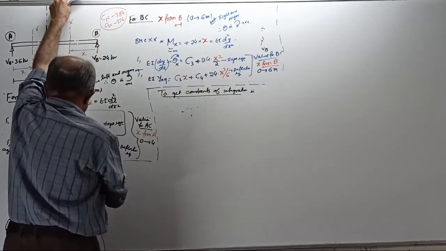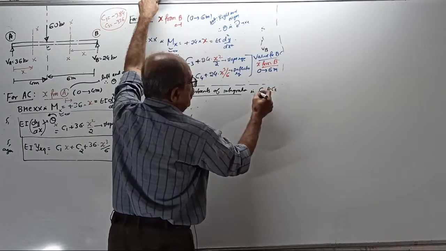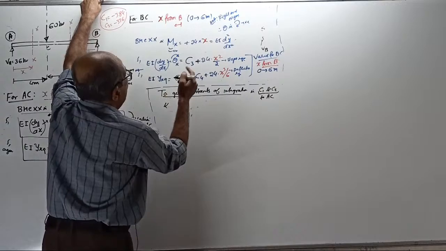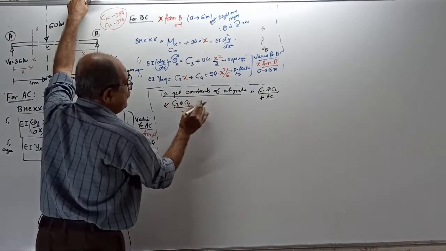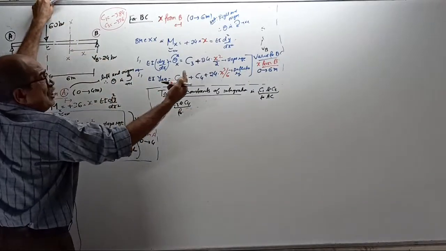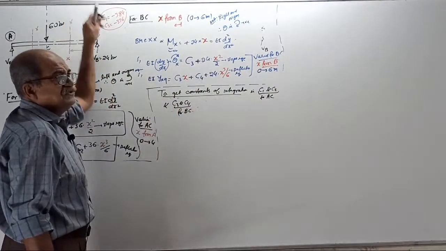See here, C1 and C2 for your AC portion, and also C3 and C4, this is for BC, not CB, because you come from this side, for the BC portion. Okay, this you have to get.